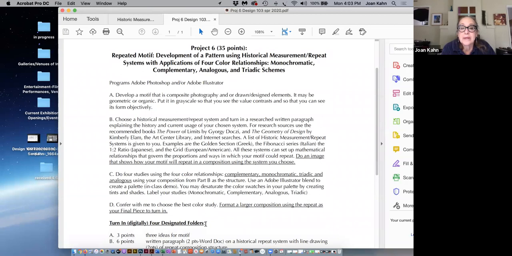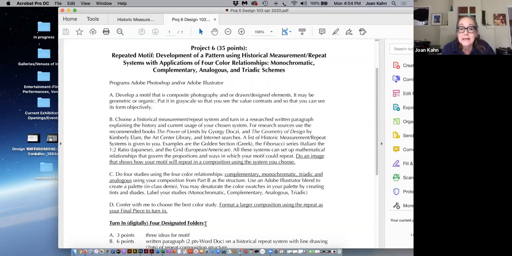You may desaturate the color swatches in your palette by creating tints and shades. Label your studies: monochromatic, complementary, analogous, triadic. A lot of people didn't label, so it's easier for me when I see what you were attempting to do. So definitely label them.